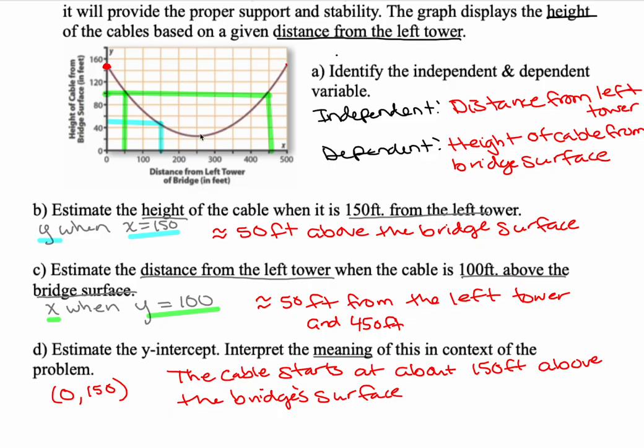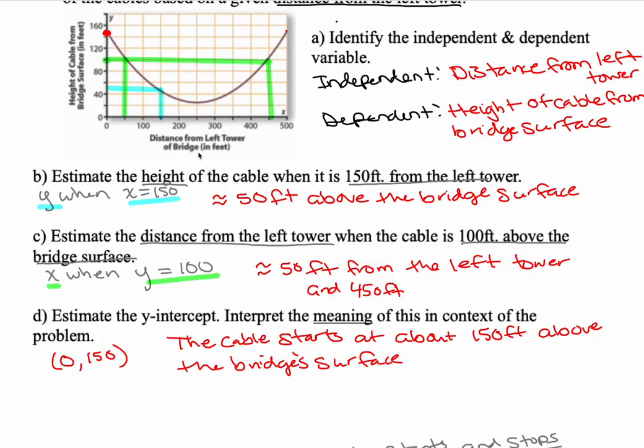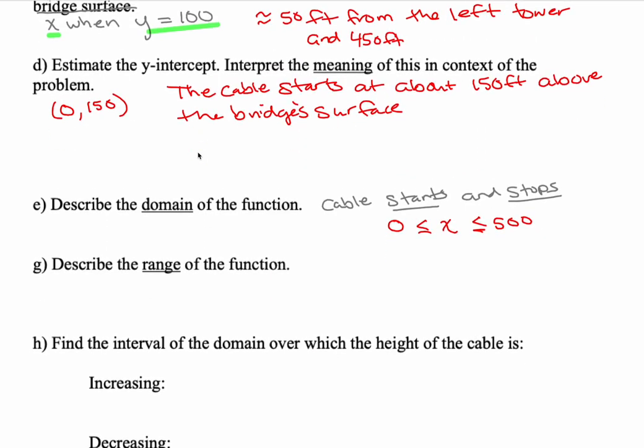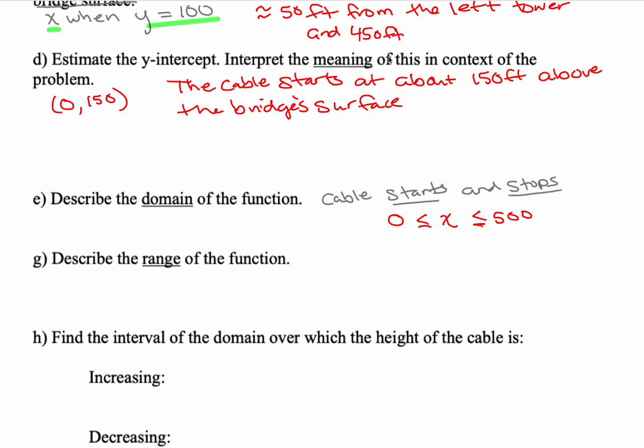We can see from this graph that the cable is not actually touching the bridge, and the cables don't touch the bridge because that would be really bad for cars. Because we don't have a function, we are going to use some estimates of values because we can't see the exact values.